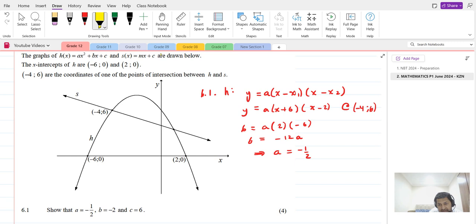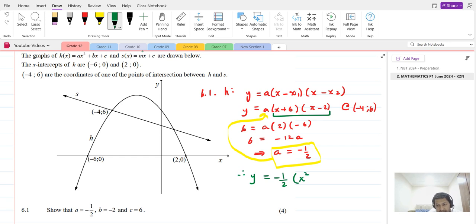After you get the value of negative half, take this value and put it back into this. So what we have, therefore y equals negative half, and open this part here up, x squared plus 6 minus 2 is plus 4x, and 6 times minus 2 is minus 12.